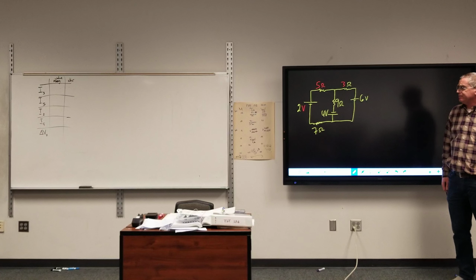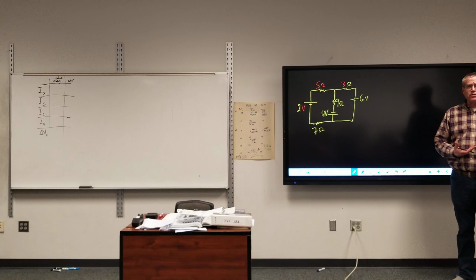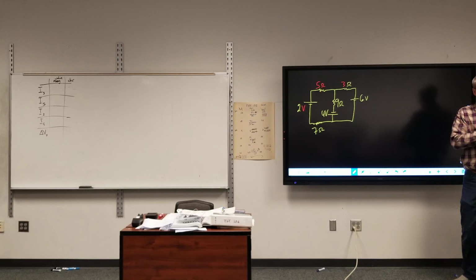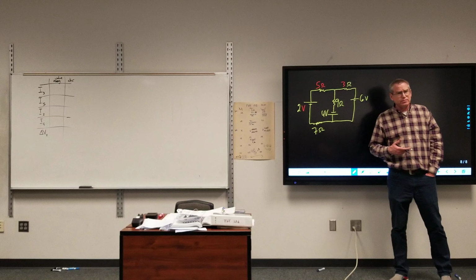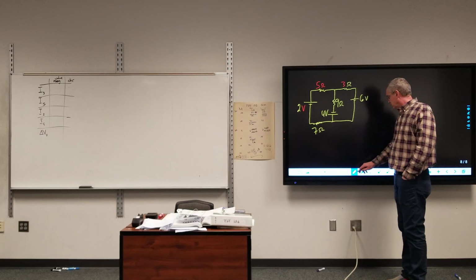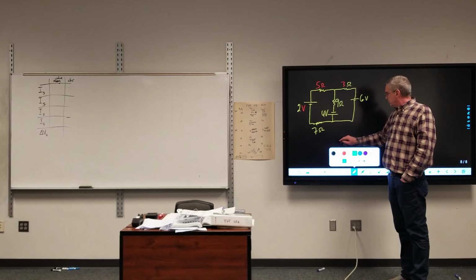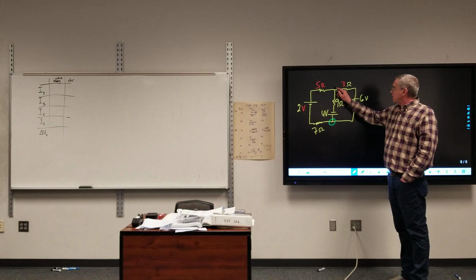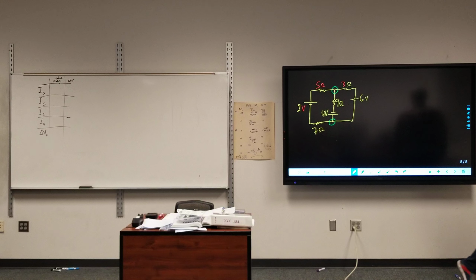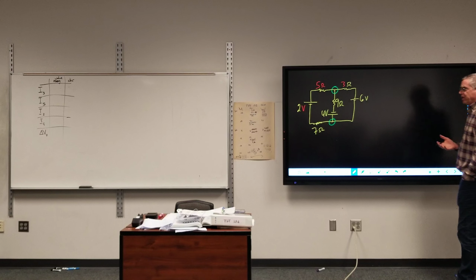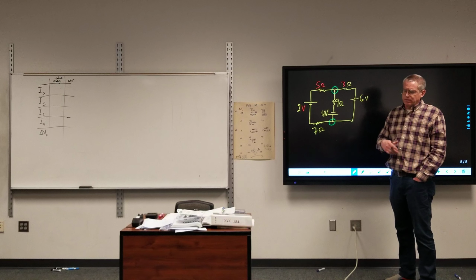All right. There are 2 methods for solving this. The first method is what we did in the more complex version of this. For each path, I have 2 junctions here. I have a junction here and a junction here. I have 3 ways of getting from one junction to the other. And so for each of those pathways, I am going to make up a value for a current.